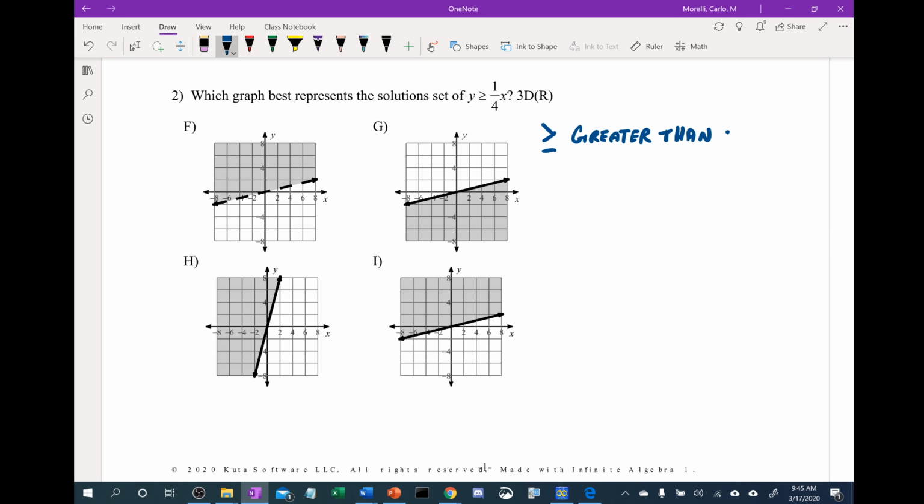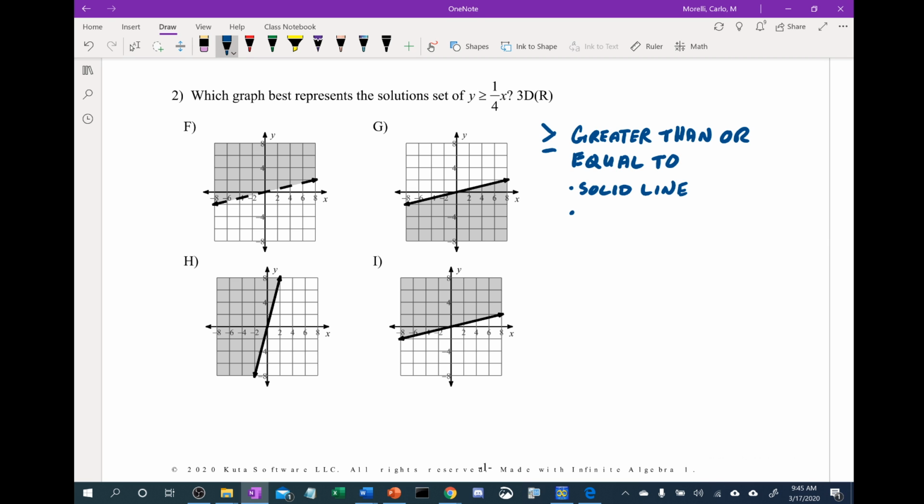That symbol is greater than or equal to. Okay, so greater than or equal to. What does this tell us? It tells us that we're going to have a solid line. Okay, that's the equal to part.